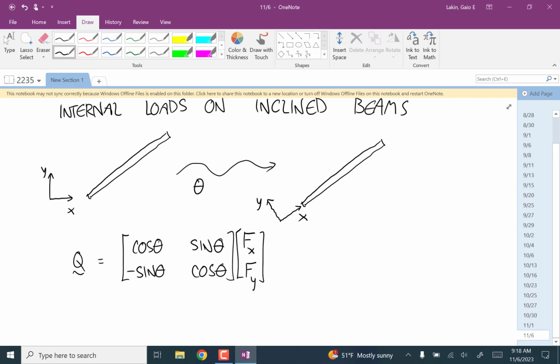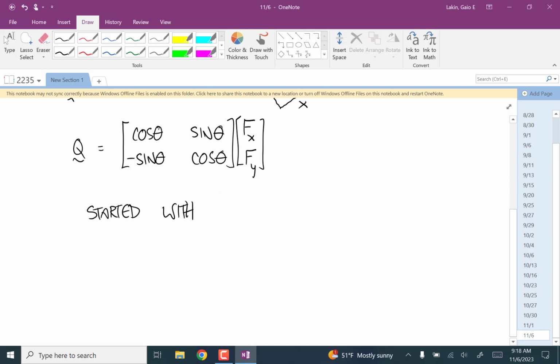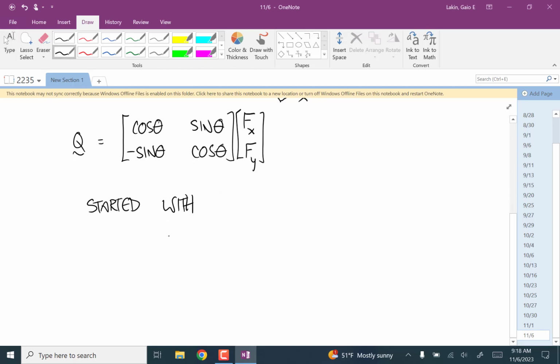And we started with this structure. And that's a 500 Newton force.